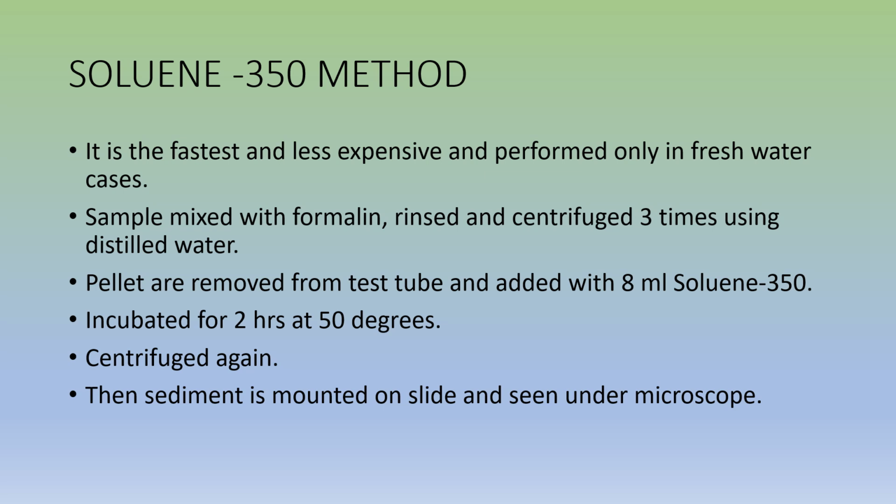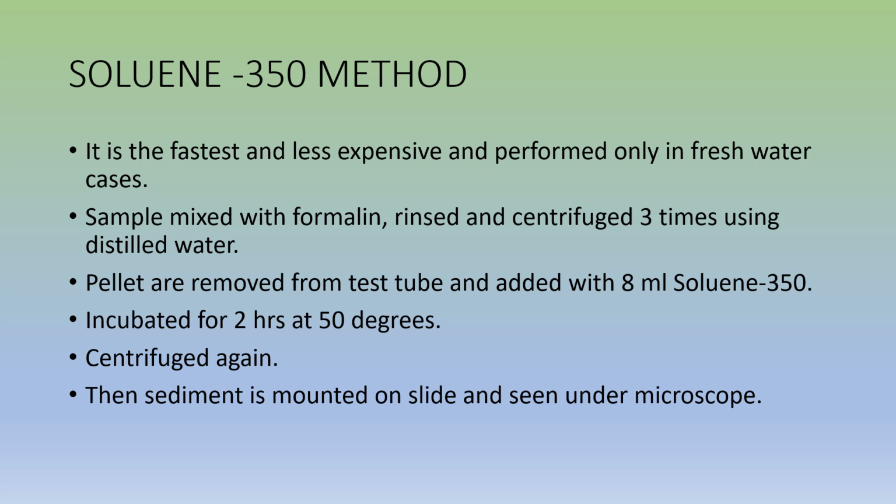Solvent 350 method. It is the fastest and least expensive method and is most performed in freshwater cases. Here the sample is mixed with formalin, then rinsed and centrifuged 3 times using distilled water. After centrifugation, the pellets are removed from the test tube and 8 ml of solvent 350 is added.